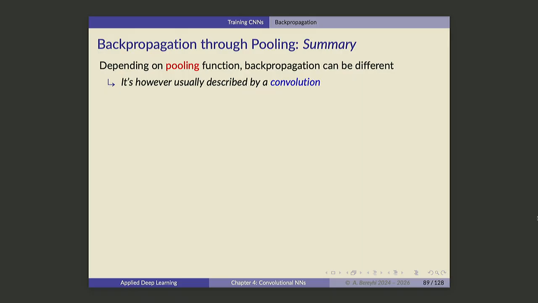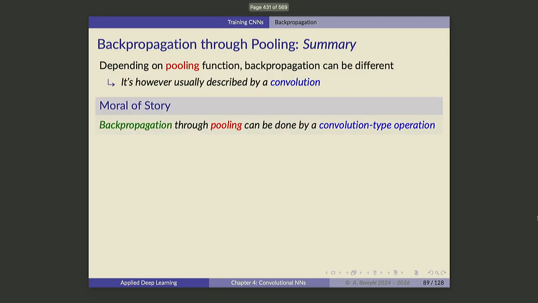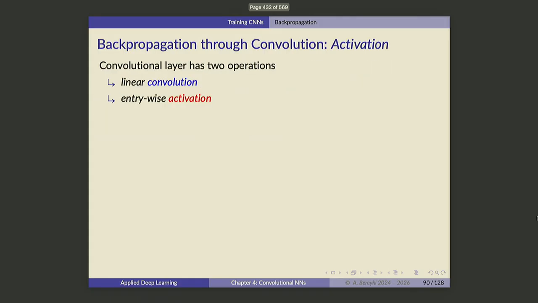That is the nice thing here, because you essentially do the same operation in your forward and backward pass, right? Convolution in the forward, convolution in the backward. Questions? Okay, so moral of the story, backpropagation when you are doing unpooling is essentially a convolution type operation, no complexity changed, and you can efficiently implement it.